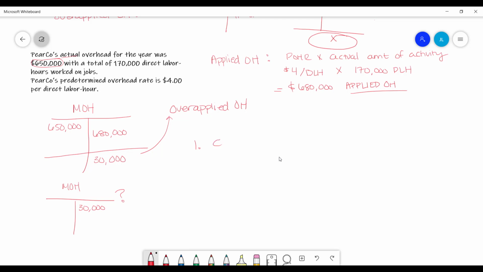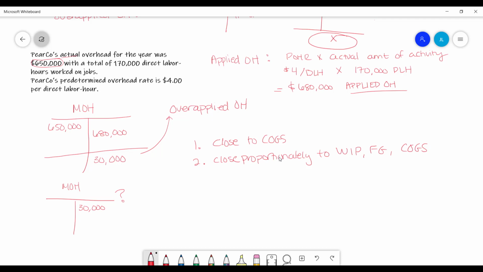One, we can close it to the cost of goods sold account, or two, we close it proportionately to work in process, finished goods, and cost of goods sold based on what those balances are at the end of the period.